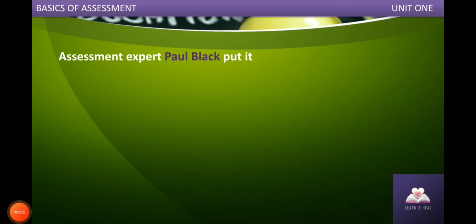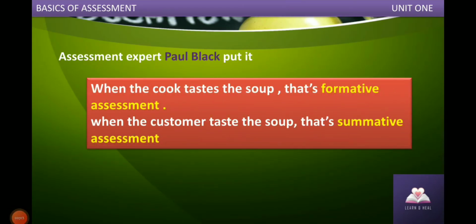The assessment expert Paul Black put it like this: when the cook tastes the soup, that's formative assessment. When the customer tastes the soup, that's summative assessment. If you are a cook, you will be tasting the soup throughout the process of making it, not only after finishing, because if he wants to touch up something, he wants to do that early.